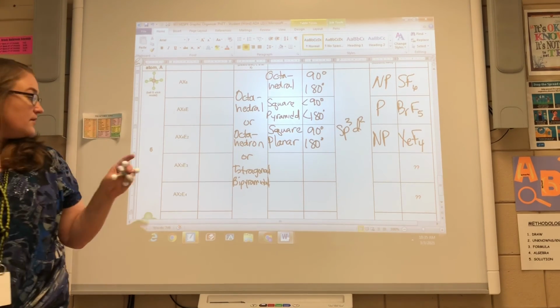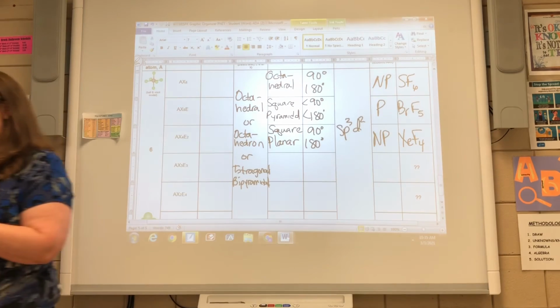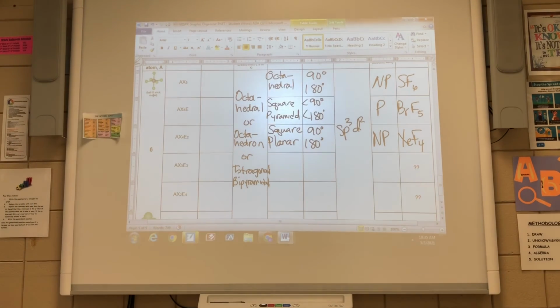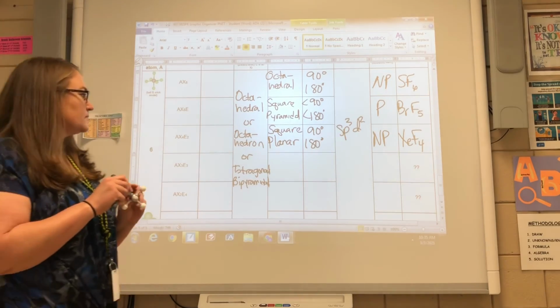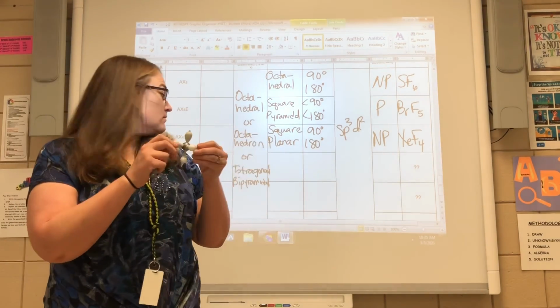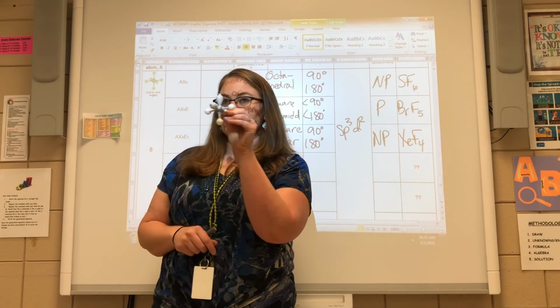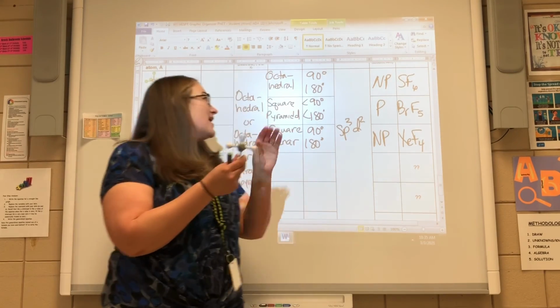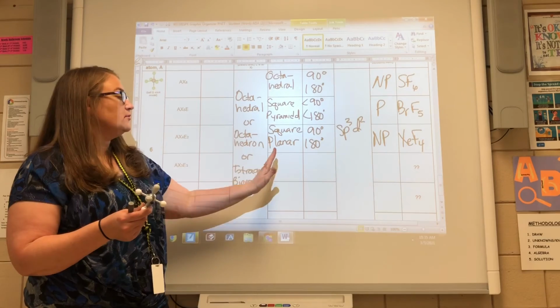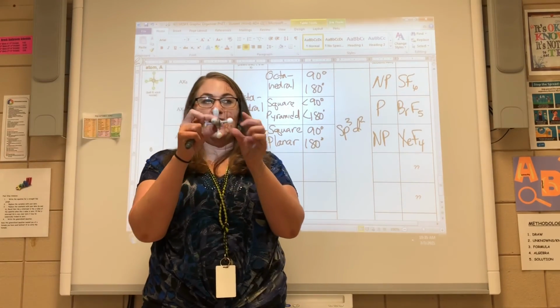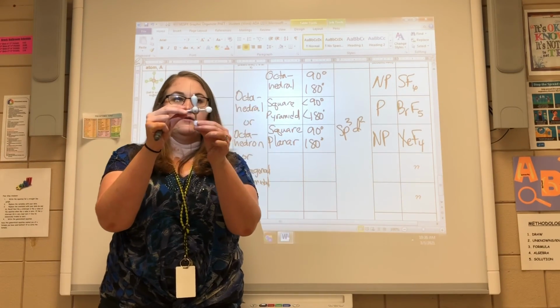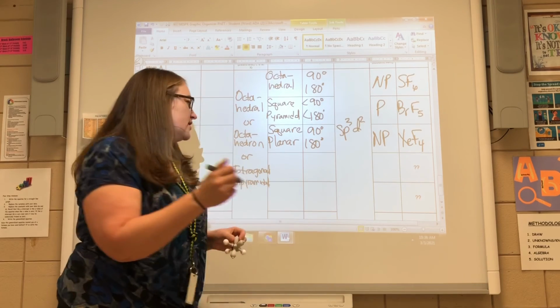All right, so let's go to AX3E3. Let me take off a bond here and put an electron orbital. What shape do you see? Amongst the atoms, we've already got the overall electron geometry. What is the molecular shape of just the atoms? The silver and the white here.